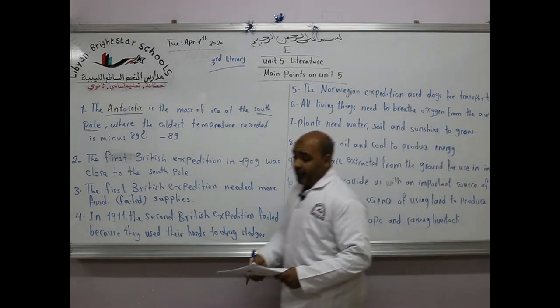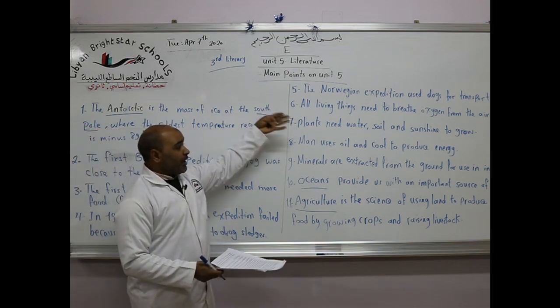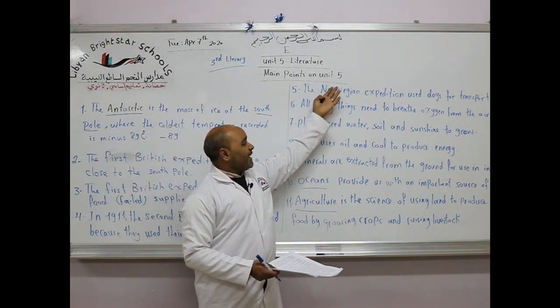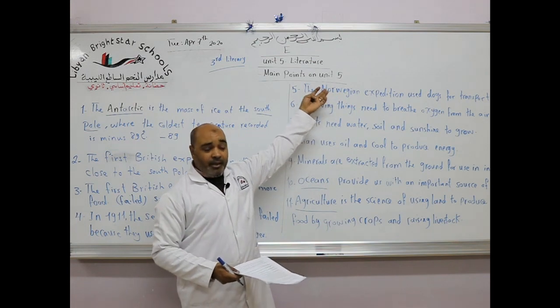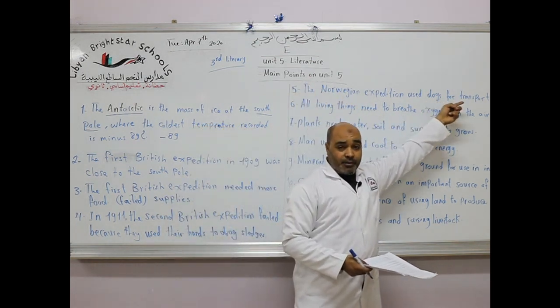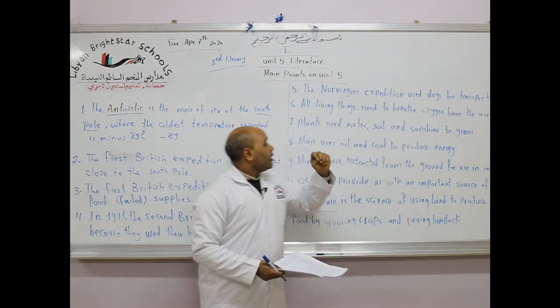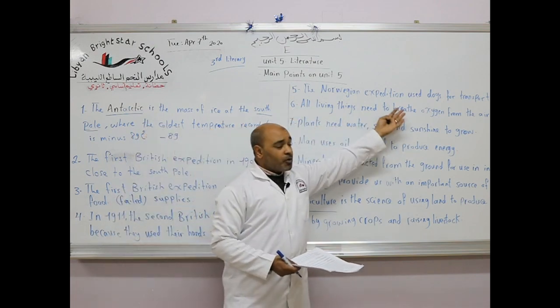Okay, as I explained in Arabic this part, I'm going to help you understand the meaning of each one. In the second part, the Norwegian expedition used dogs for transport, meaning they used dogs for transport. Transport means moving. Number 6, all living things need to breathe oxygen from the air.